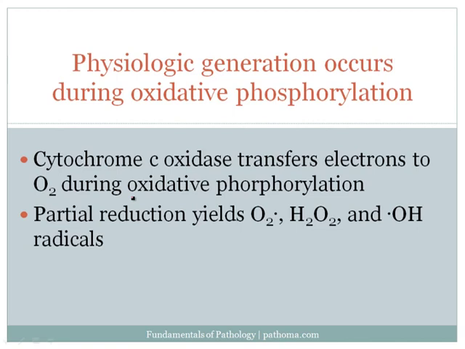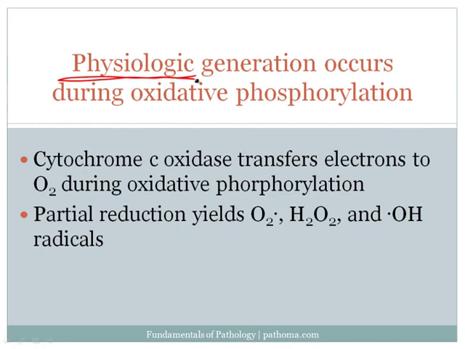So what do we mean by physiologically? Well, physiologic generation of free radicals occurs during oxidative phosphorylation, and of course this is part of the normal physiology of a human being, so that's why we use the term physiologic. Now let's review oxidative phosphorylation briefly and remind ourselves that during oxidative phosphorylation, cytochrome C oxidase transfers electrons to oxygen as a final electron acceptor.